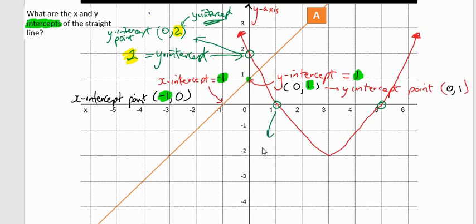What are they? It's 1 as an x-intercept, and the intercept point is 0 and 1. Okay, before you do that, this is the x-intercept, right?